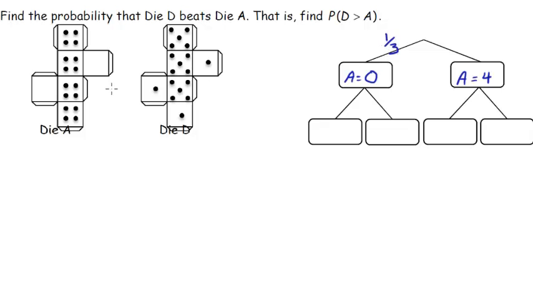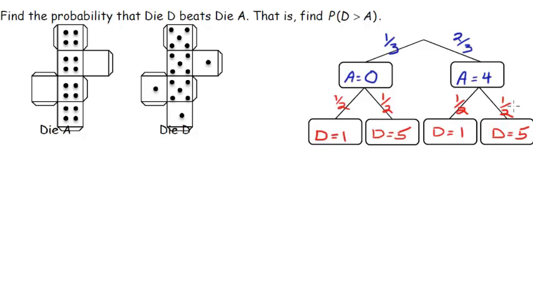And then A equals 4 4/6 or 2/3 of the time. So next I'm going to look at my next event. D here could equal a 1 or D could equal a 5. So D equals 1 3/6 or half the time, and the other half of the time we are a 5.